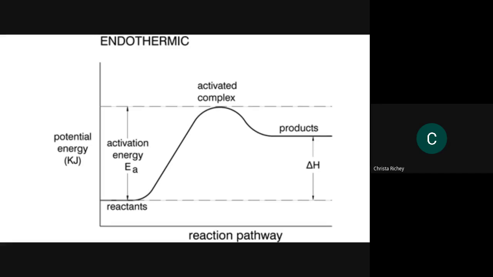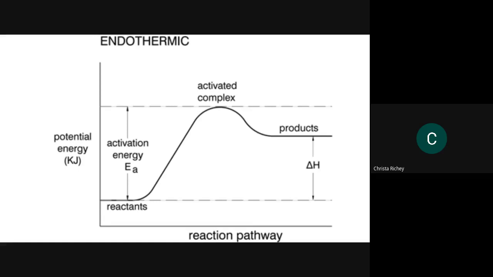If it's released, it's exo, which is the bigger downslope. If it needs to bring in energy to make it work, then the uphill, just think of the roller coaster, going up to the top would be bigger if it's endo and it's positive.